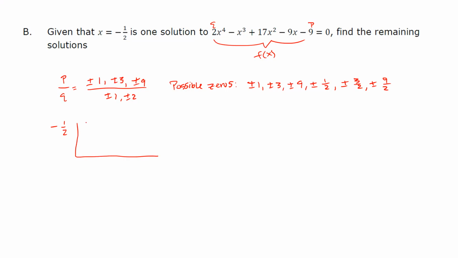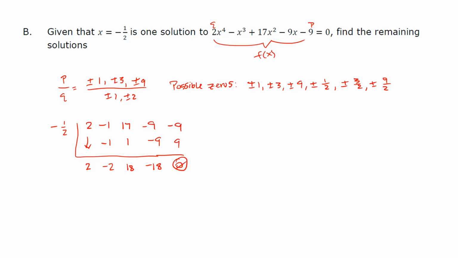So we're going to put all of our coefficients, so 2, negative 1, 17, negative 9, and negative 9. We'll bring down 2, multiply it by negative 1/2. We get negative 1, we'll add, we'll multiply again, and we'll add, then we'll multiply again, then we'll add, and multiply, and we get 0. Okay?